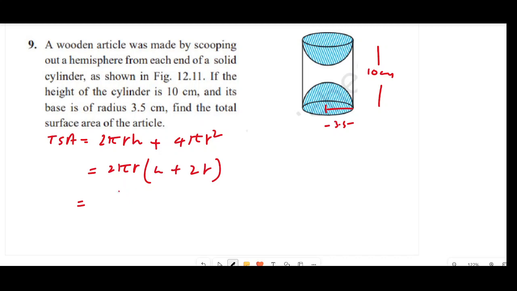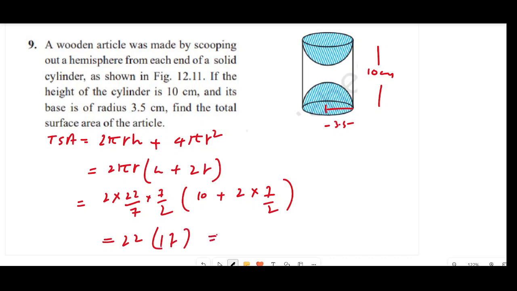Now 2 pi is 22/7, and r is 3.5, so we can write 7/2. Now h is 10 plus 2 into 7/2. Solving this, things will cancel out, so here we will get 22. Now again here we get 17. So after multiplication we get 374 centimeter square. This is the result.